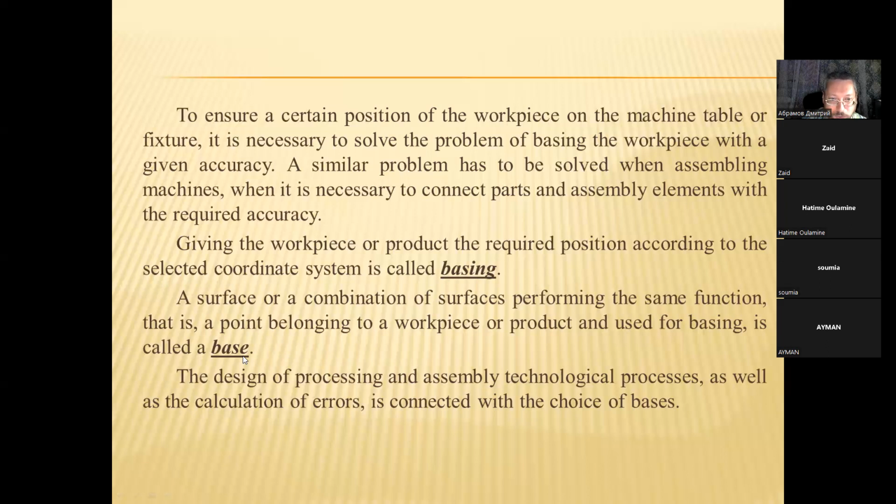A surface or a combination of surfaces performing the same function, that is, a point belonging to a workpiece or product and used for basing, is called a base.